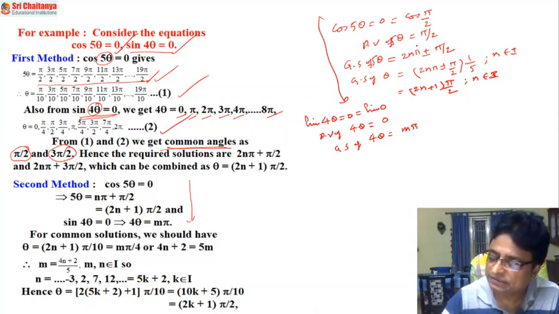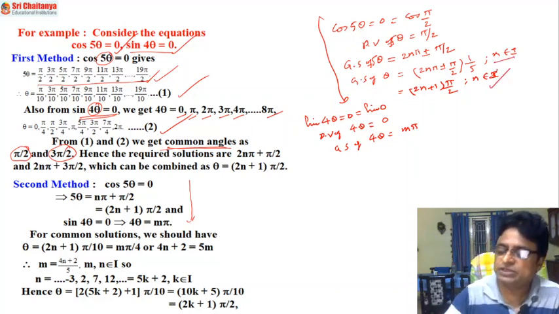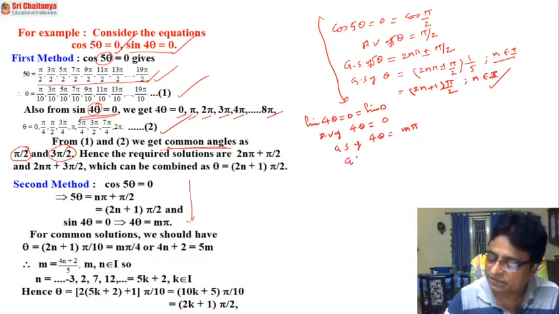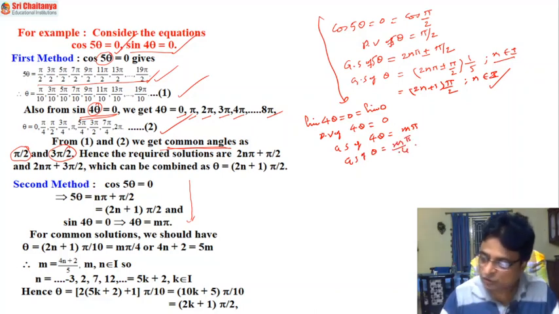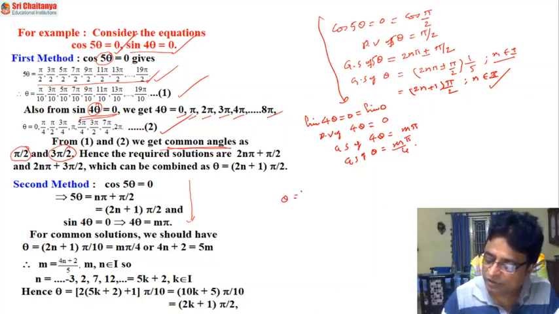So my friends, the most important point is, since these are two different equations, if you are using n for one equation, please don't use the same n for writing the general solution for the second. That's why I have used another integer represented by m. So my GS of theta equal to m pi by 4. So here my theta is equal to m pi by 4.